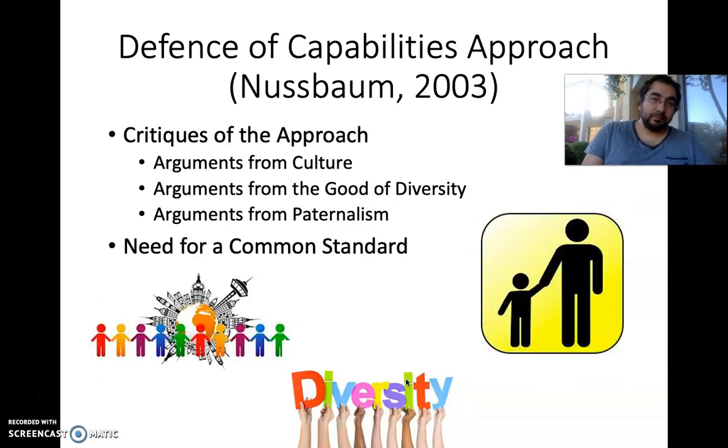So, she mentions certain critiques of her approach: the argument from culture, the argument from good of diversity, and the argument from paternalism. All three are in some ways similar. Culture basically states that different cultures have different elements.